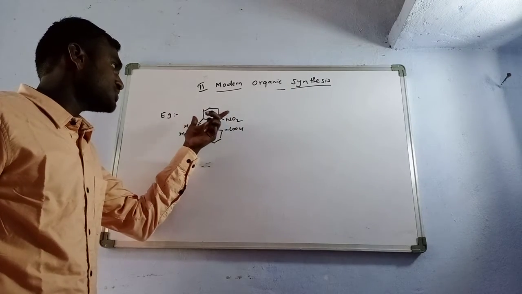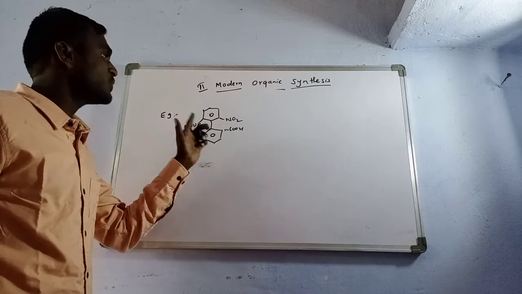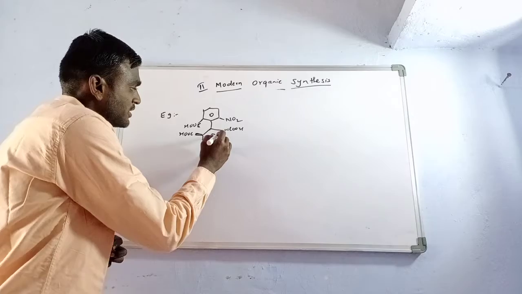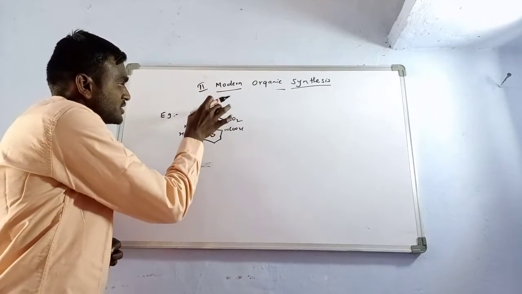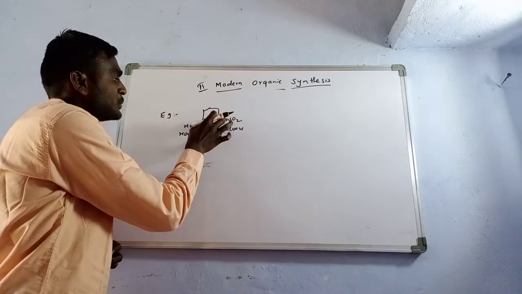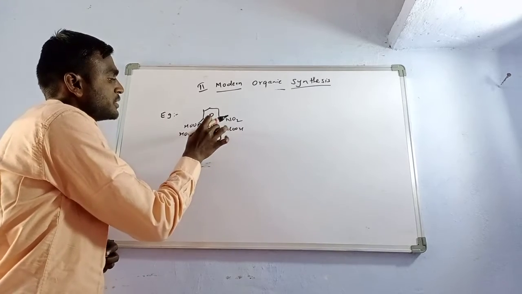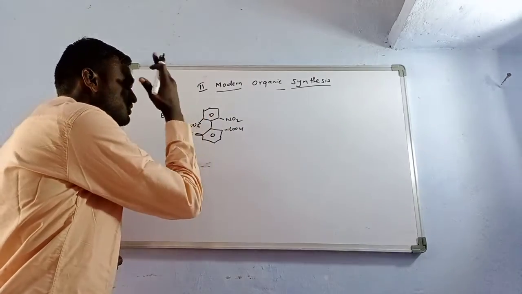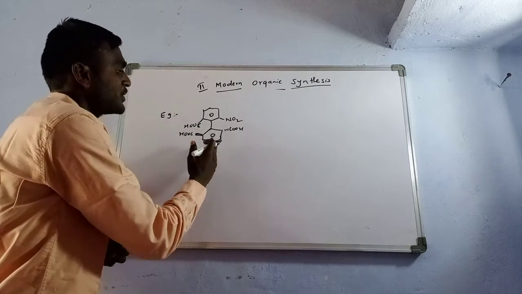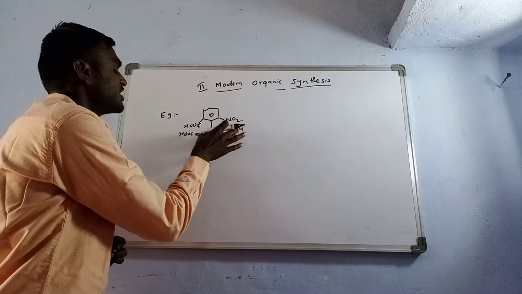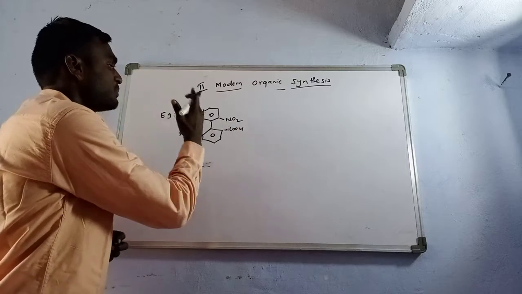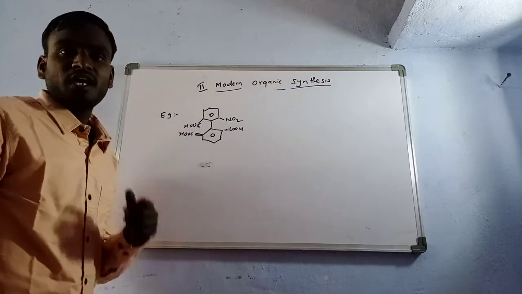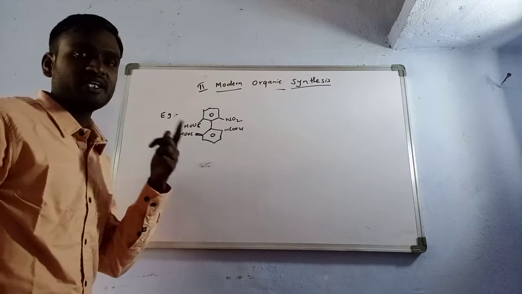But see here, this benzene ring has two different substituents, but the other benzene ring has the same substituents. So if we cut the molecule, a mirror image relationship takes place. That is, a plane is present, and whenever a plane is present, the molecule becomes achiral, that is, optically inactive.